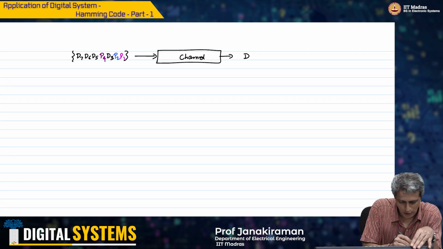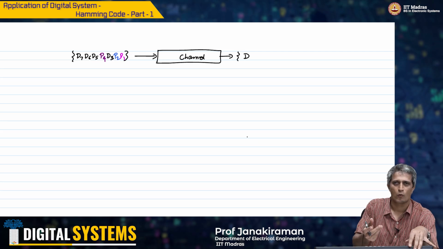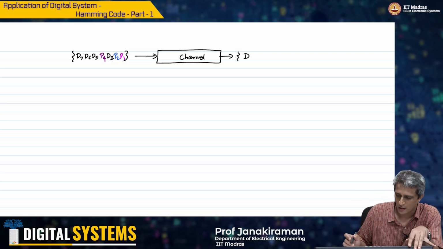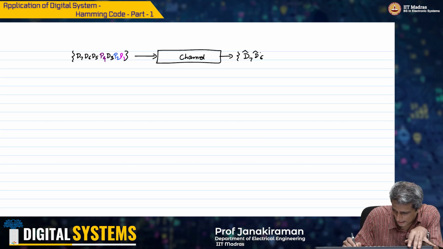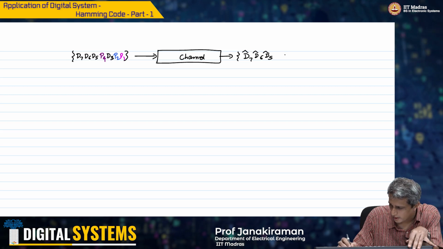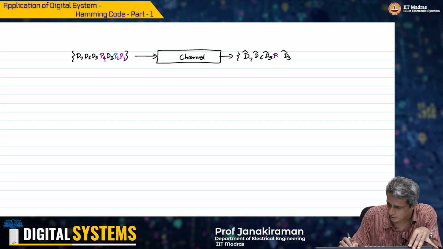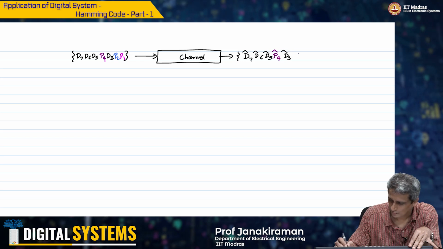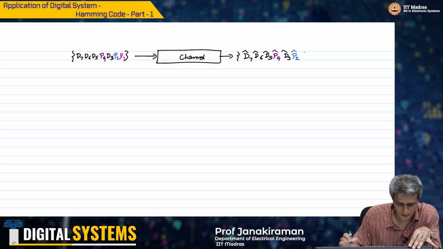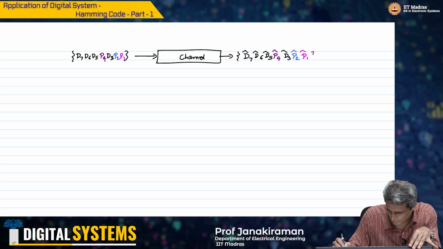And what you end up reading it as from the memory is going to be D7 hat, D6 hat, D5 hat, D3 hat, and then P4 hat, P2 hat, and finally P1 hat.